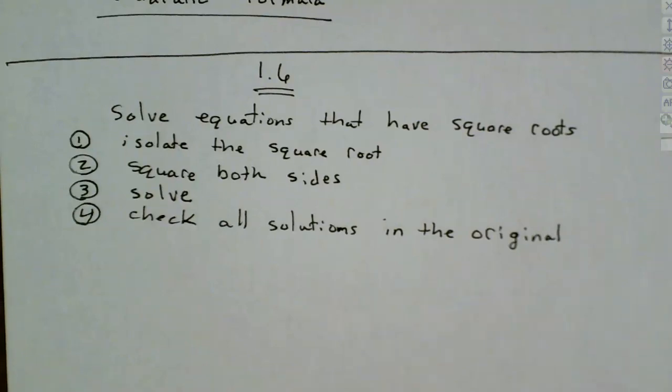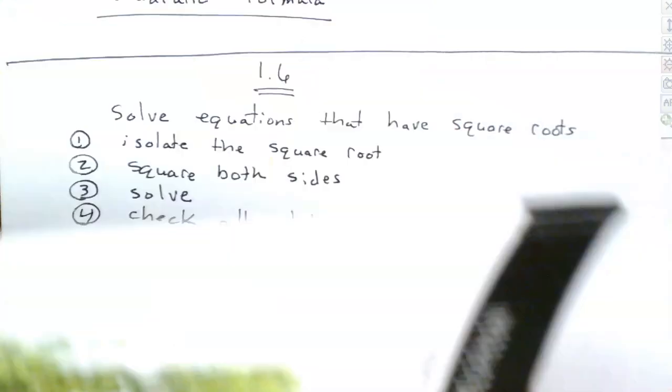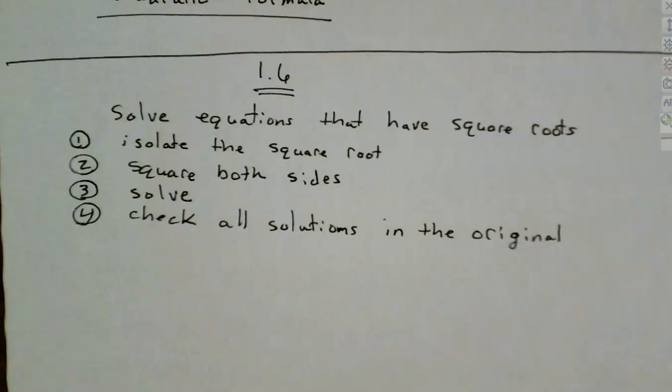Now, I only gave you 2 questions that have these square roots. I'm going to pick one of them from our textbook to look at. It's going to be like your homework. Okay, so let's look at one of these. What you're going to have to do is isolate your square root, square both sides to get rid of it, and then check your final answers.